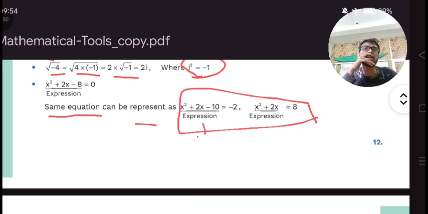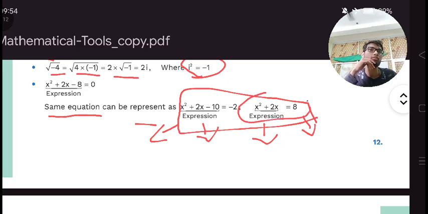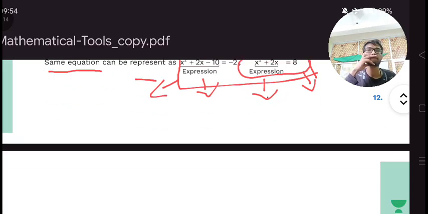When you simplify this, then you will get this much. Clear? After simplifying this one step ahead, in the next step you will get this much. Clear?